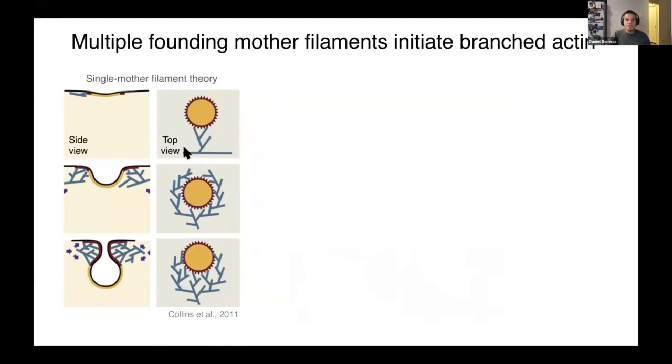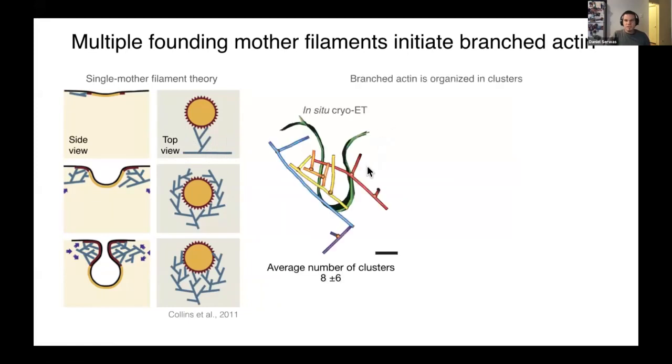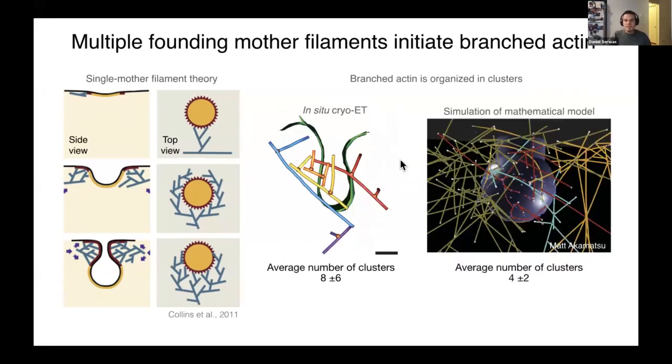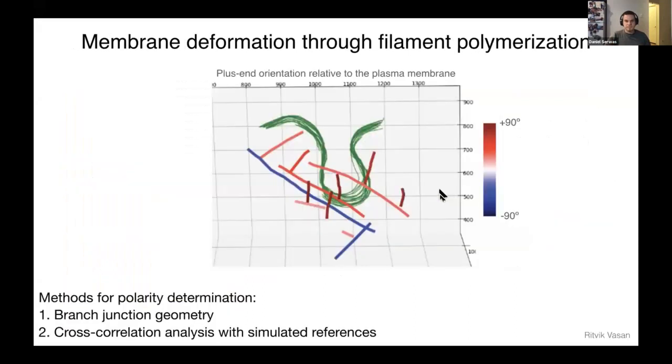The idea behind it is that all branched actin during CME originates from a single mother filament, which is in contrast to what we found, which is that in all our tomograms, we see that the branched actin is organized in clusters, which is consistent with our mathematical model. And our conclusion here is that branched actin originates from multiple founding mother filaments that initiate this branched actin formation.